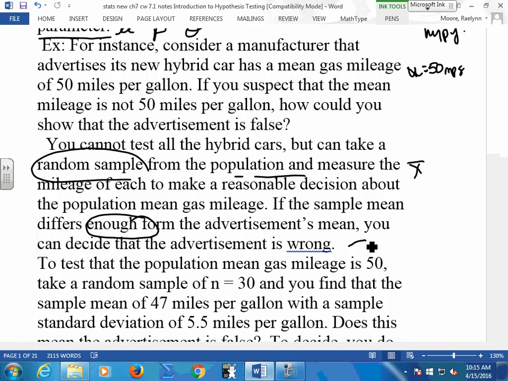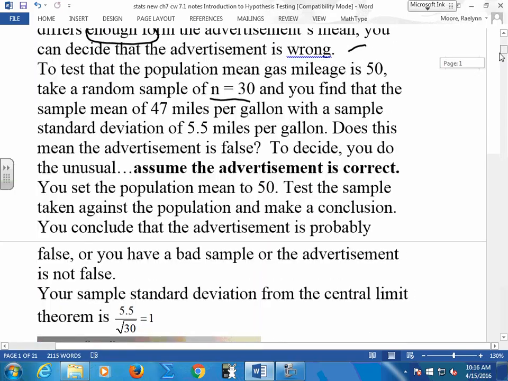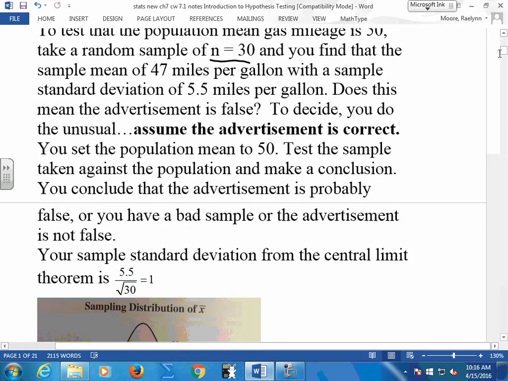So, to test your population, say you took a random sampling of 30, and you found a sample mean of 47 miles per gallon, and your sample standard deviation is 5.5. Hang in there, guys. Does this mean the advertisement is false? To decide, you do the unusual. You assume that the advertisement is correct.